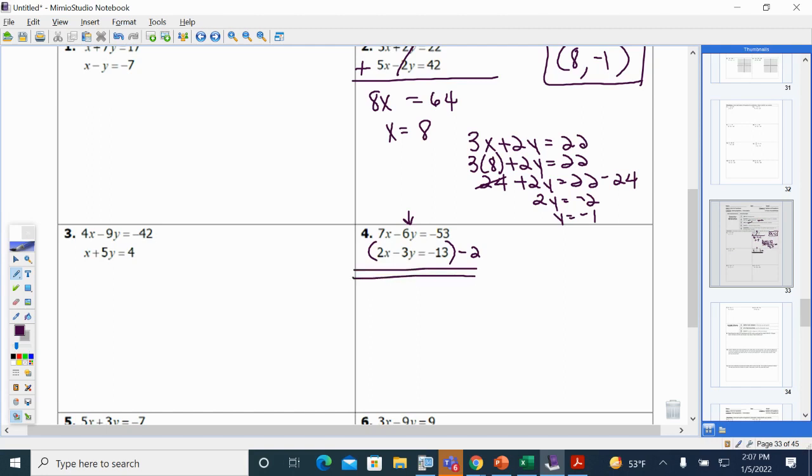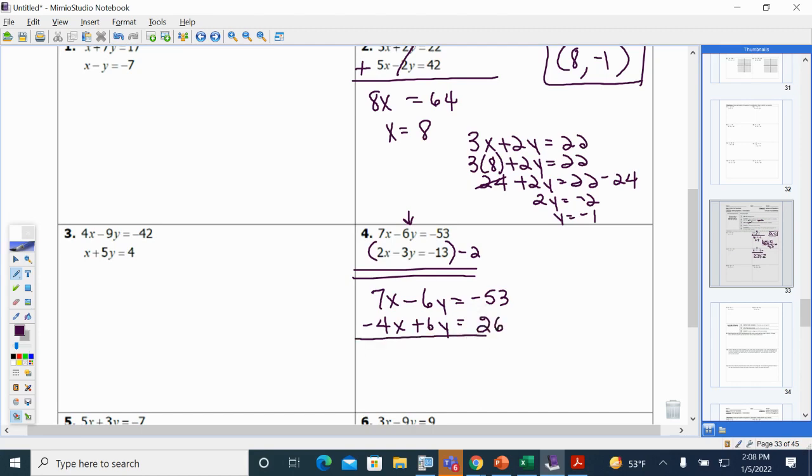So I'm just going to bring down that first equation. I'm going to multiply the second equation by negative 2. 2x times negative 2 is a negative 4x. Negative 3y times negative 2 is a positive 6y equals negative 13 times negative 2, which is a positive 26.